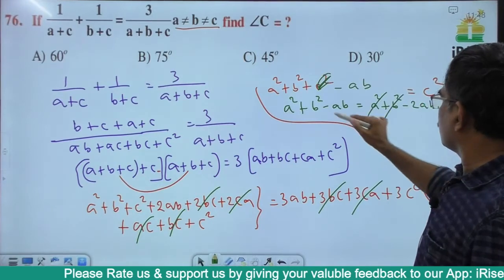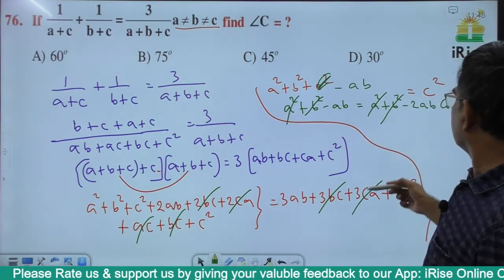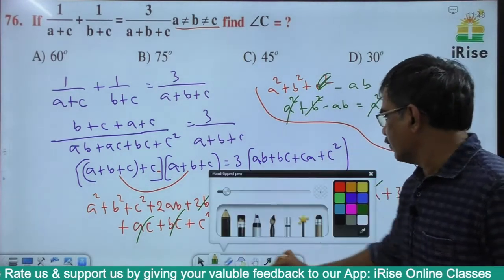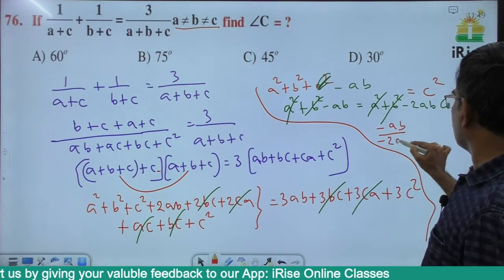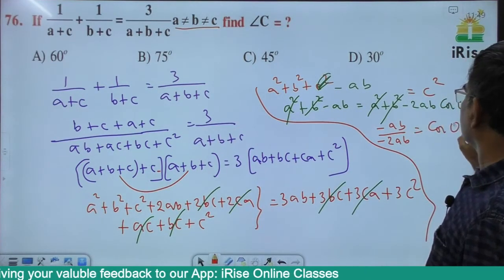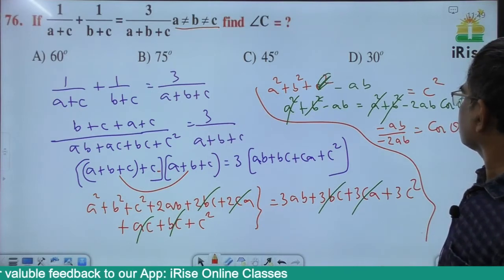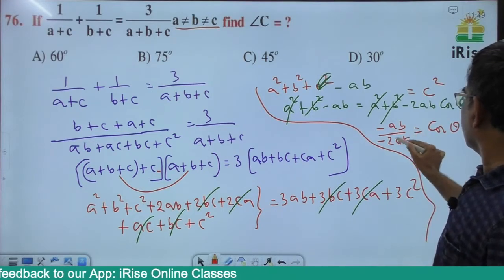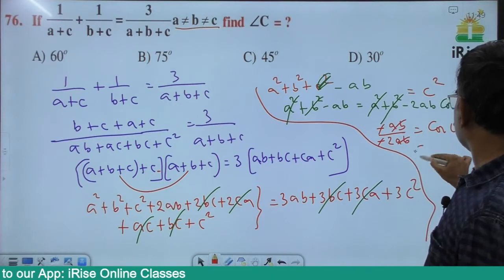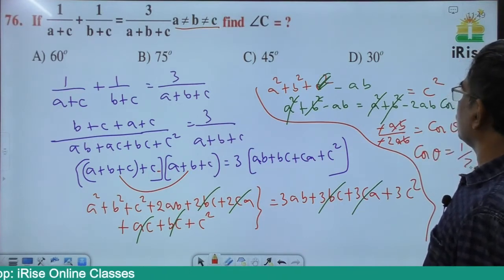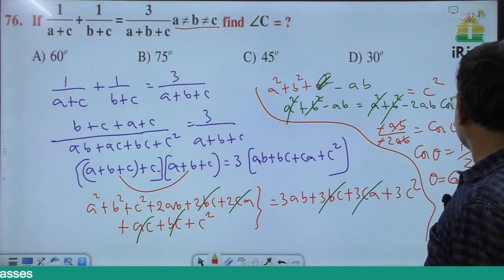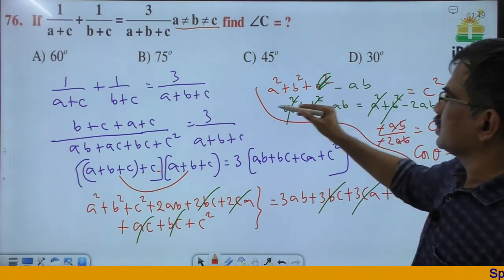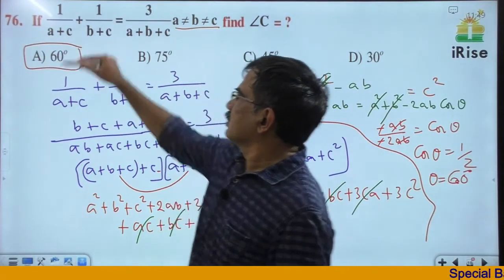Here a square, b square cancel. So minus ab by minus 2ab is equal to cos theta. The ab cancels, so cos theta is equal to 1 by 2. We say that theta is equal to 60 degrees. So answer is 60 degrees for this.